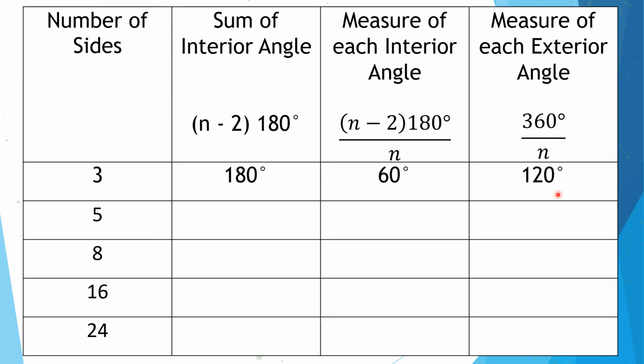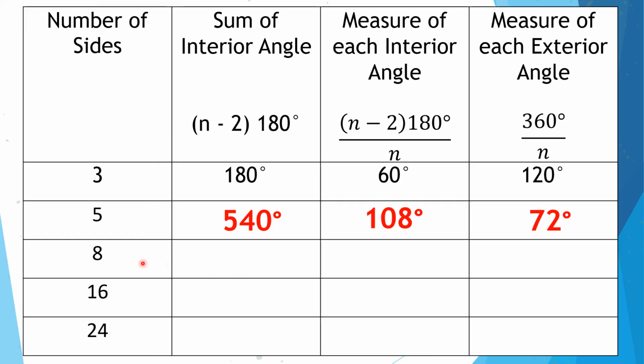Okay, if you're done, let's check your answer. Number of sides is 5. Sum of interior angles is 540 degrees. Measure of each interior angle is 108 degrees. Measure of each exterior angle is 72 degrees.